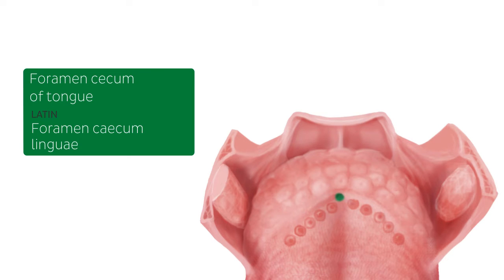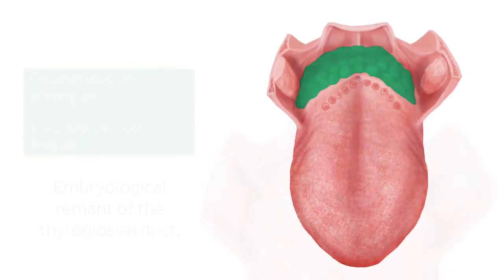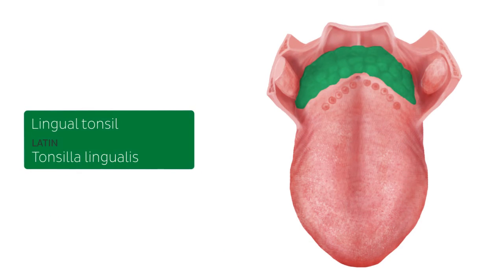The foramen cecum is located at the midline just anterior to the terminal sulcus on the body of the tongue. Now, this structure is an embryological remnant of the thyroglossal duct and is formed during the descent of the thyroid gland during embryological development.